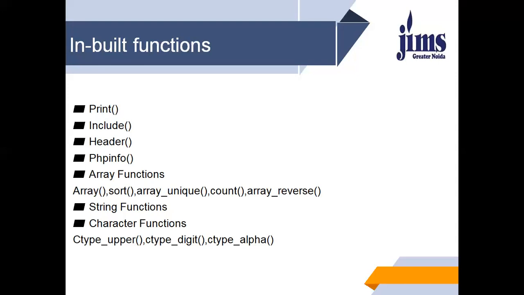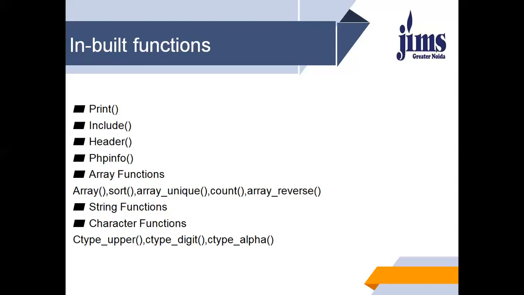Now coming to array functions. We have discussed them in the array lecture also. Many functions we have discussed while doing arrays. A few of them: array, to create an array. For sorting an array, we use sort.